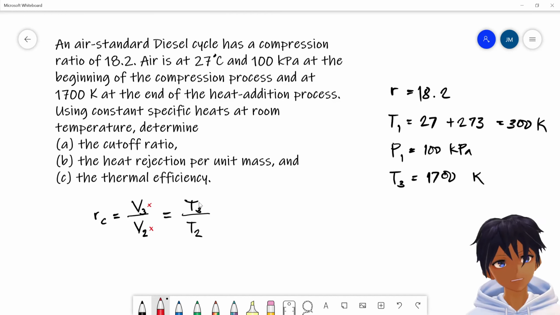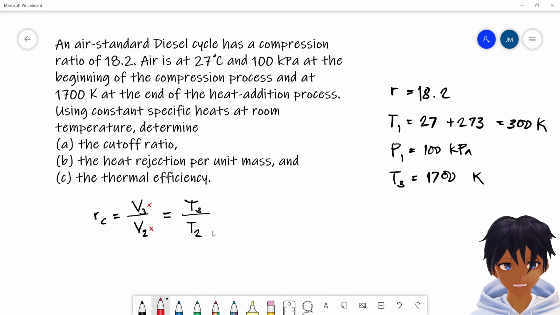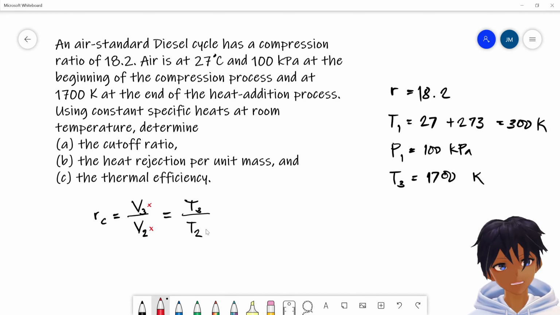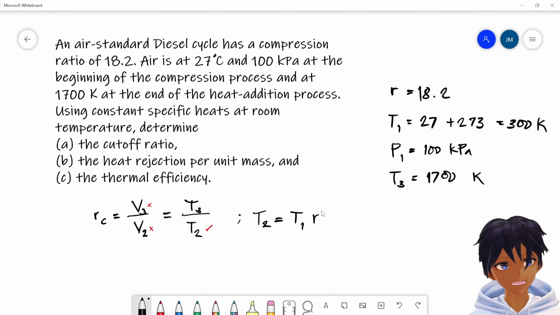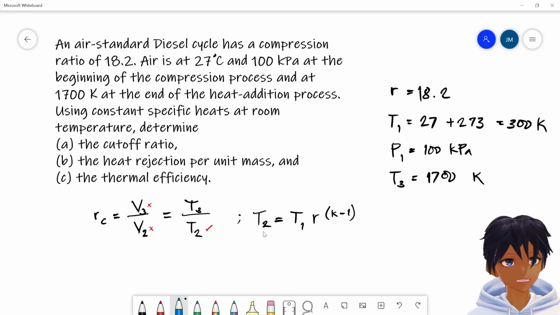So we are now left with this relationship, temperature 3 and temperature 2. Can we solve for temperature 2? Yes, we can. Temperature 2 is temperature 1 multiplied by compression ratio raised to K minus 1. So once you solve for temperature 2, we are now ready to solve for R sub C.